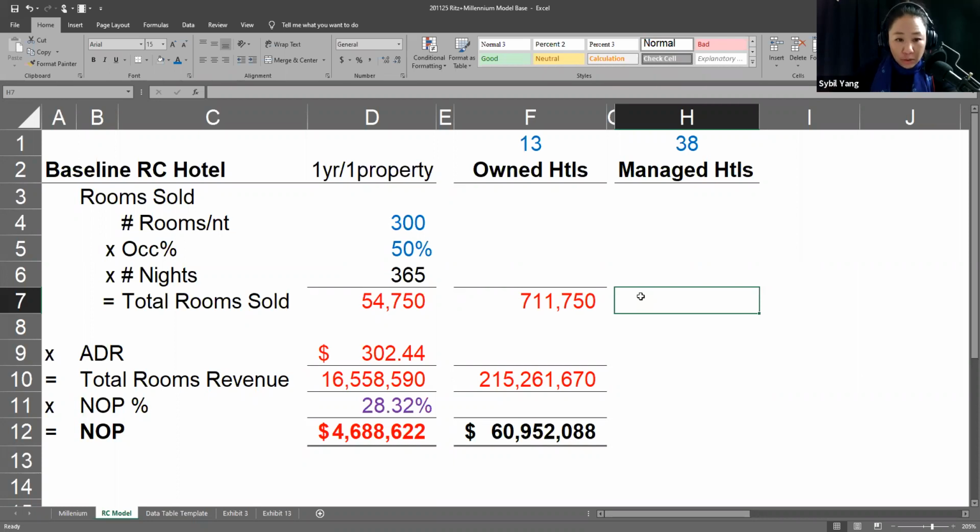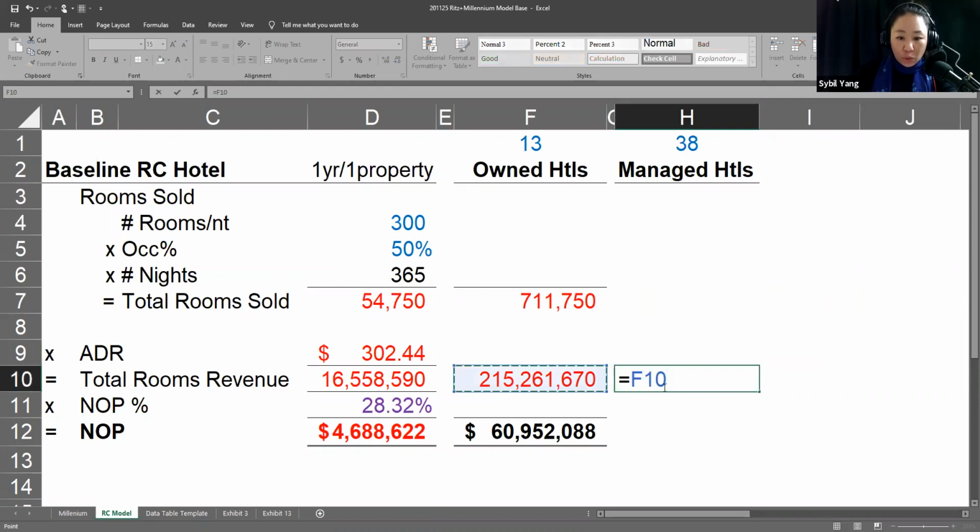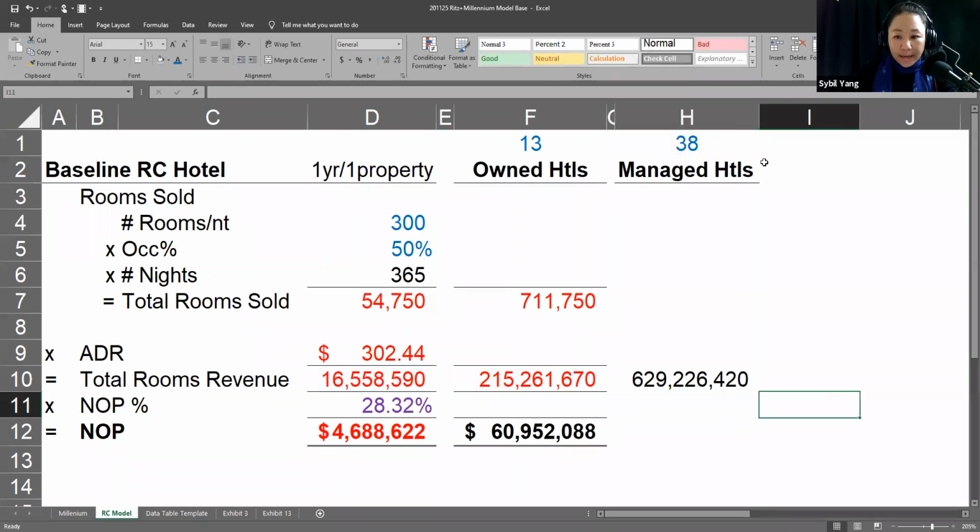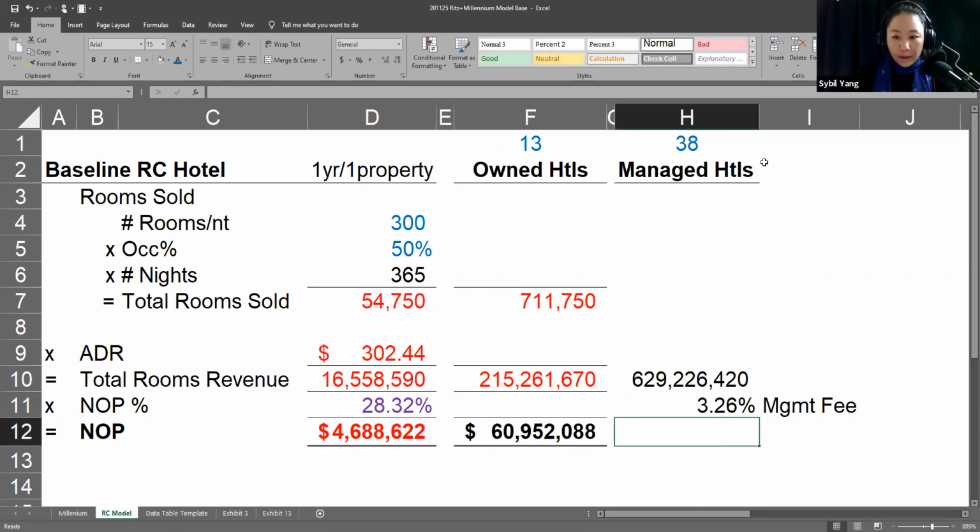So we have total rooms revenue for one hotel times the 38 properties, and I'm going to absolutely reference that just in case. So this is the total rooms revenue on those 38 properties. And I'm going to say 3.26% management fee.